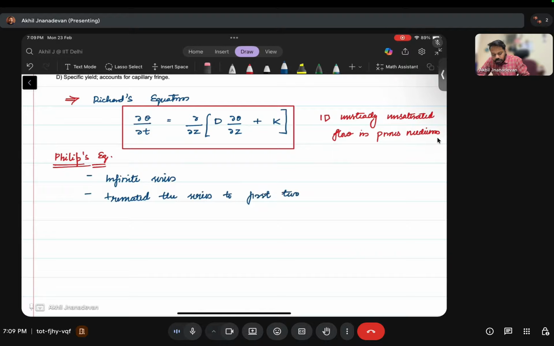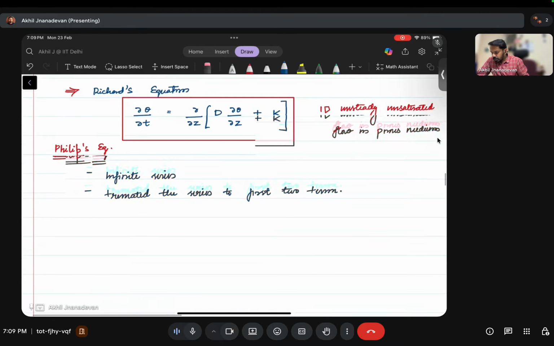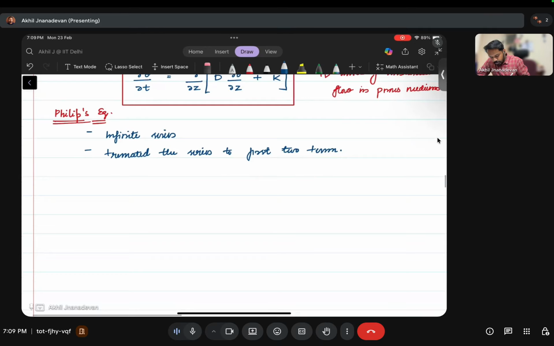He saw that the first two terms are enough to accurately represent the infiltration. That is what he found. Right. And finally, he came up with this particular equation, F of t.